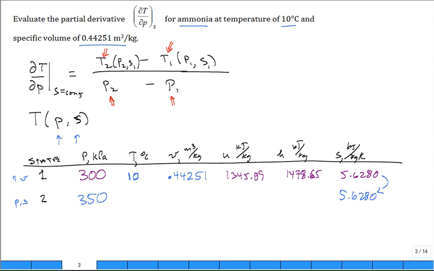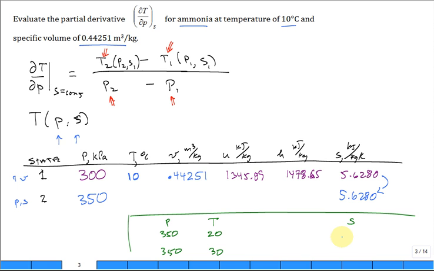Set up a little interpolation block on the side, kind of down here. I'll just box it in. The pressure block is all 350. The temperature, you have a temperature at 20 and a temperature at 30. Corresponding entropy of 5.6259 and 5.7057, and the value 5.6280 is right in between those two values.